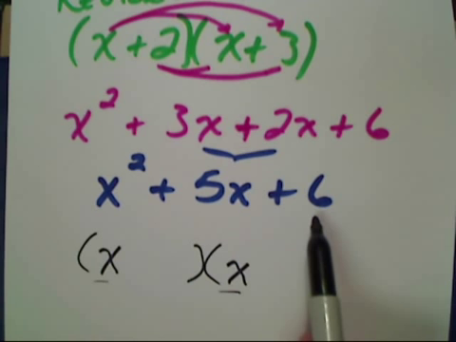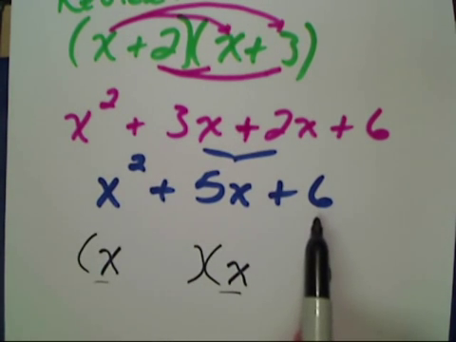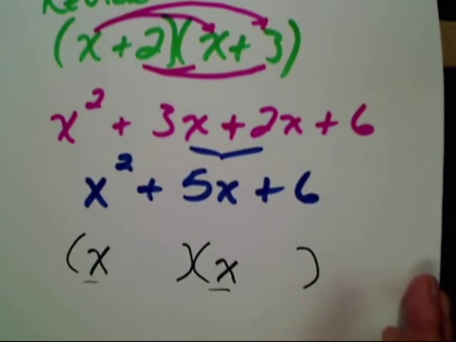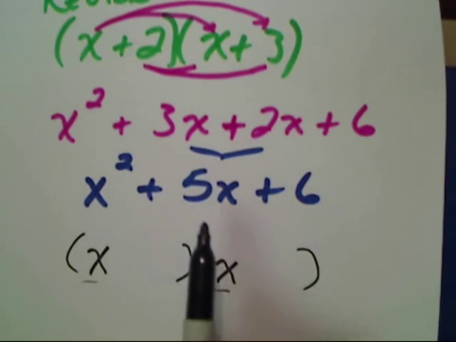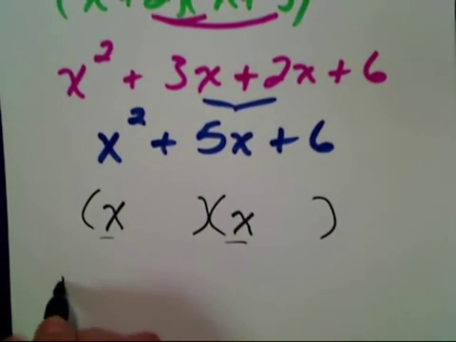The last two numbers in your binomials multiply to your 6. So we need two numbers that multiply to 6. But at the same time, when we combine them, remember, they had to add to 5. So we're looking for two numbers that multiply to 6 and add to 5.